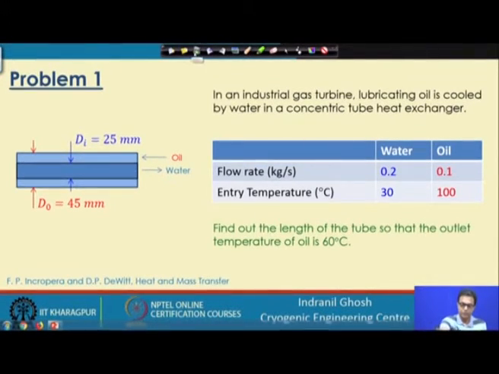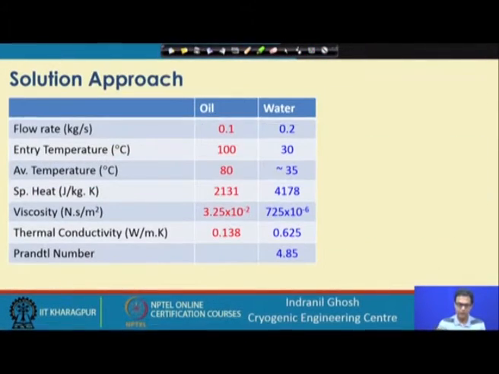So, if we go to the problem statement, we will first find out what are the things that are known and what are the things that we have to find out or assume. We have been given the oil flow rate, water flow rate, entry temperature of oil, and entry temperature of the water.